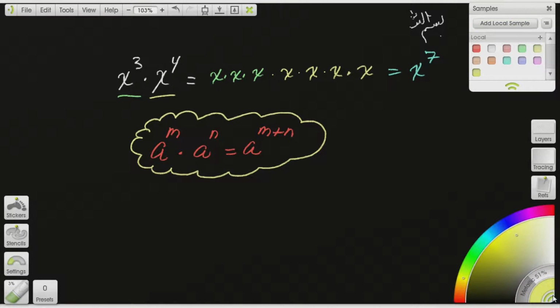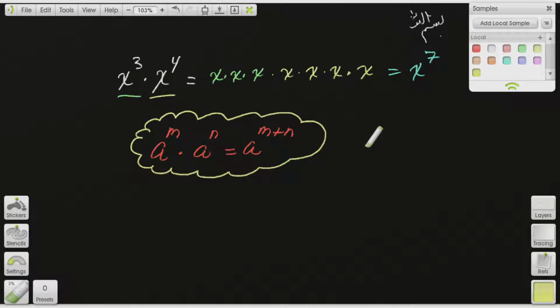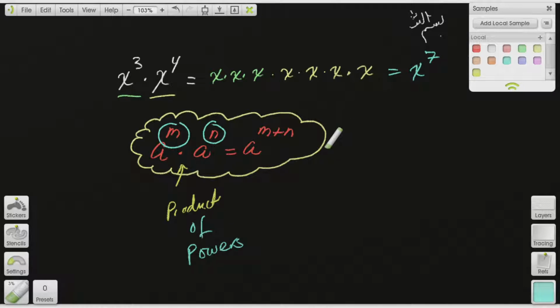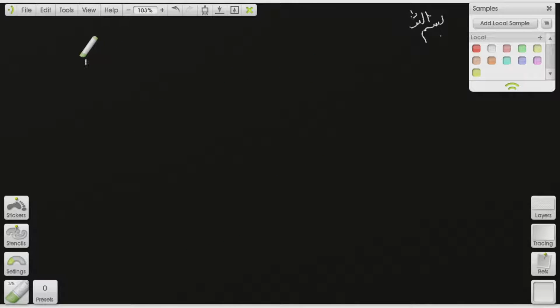This is called the product of powers rule or property. Okay, so that's our first rule: a to the m times a to the n equals a to the m plus n.